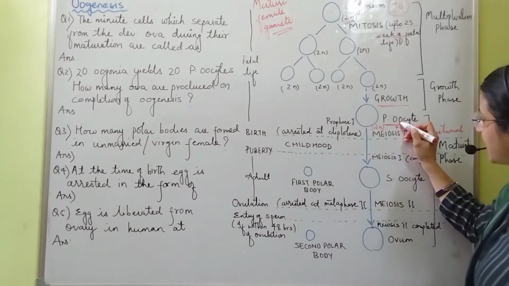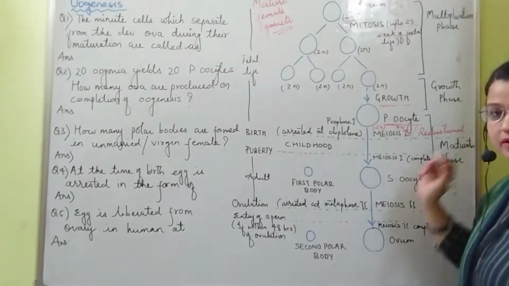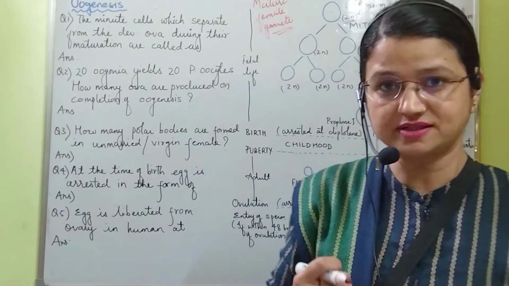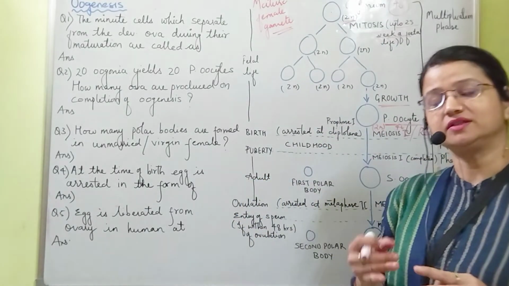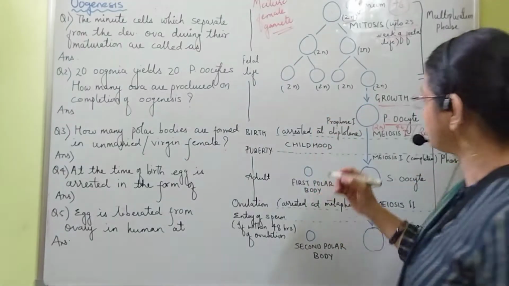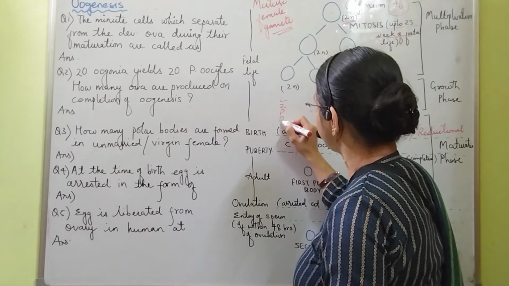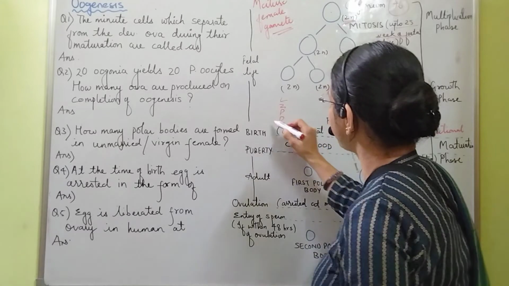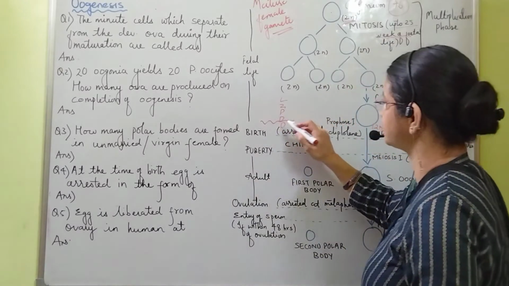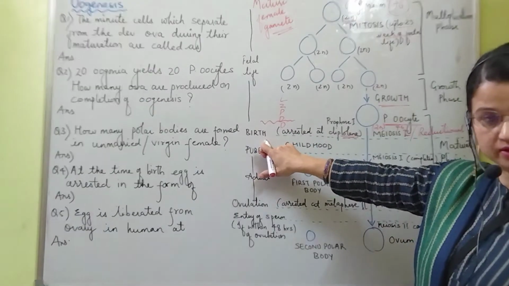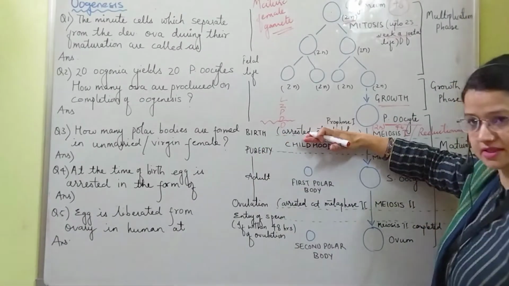The primary oocyte will undergo meiosis 1, and it will start with prophase 1. In prophase 1, there are 5 stages: leptotene, zygotene, pachytene, diplotene and diakinesis. The process gets arrested at the diplotene stage at the time of birth.